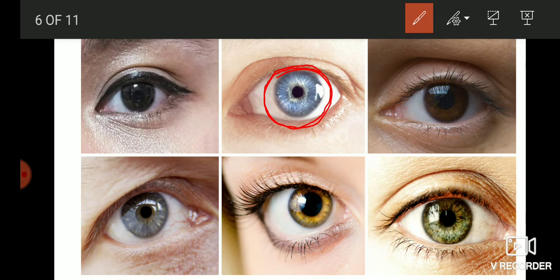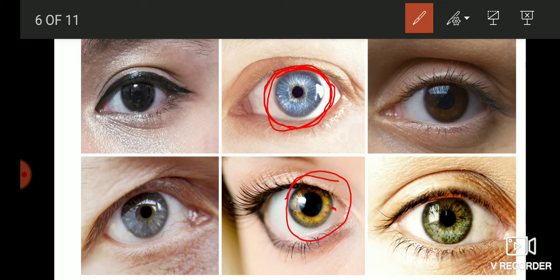The iris expands and contracts, by which the amount of light entering the retina gets changed. In this picture you can see the pupil hole size is much bigger than this one. So here the iris expands and here the iris contracts.